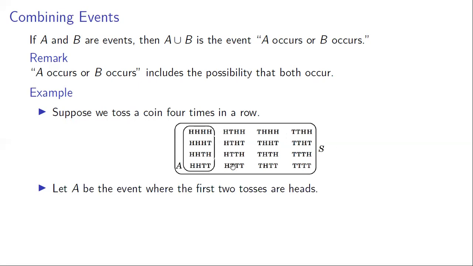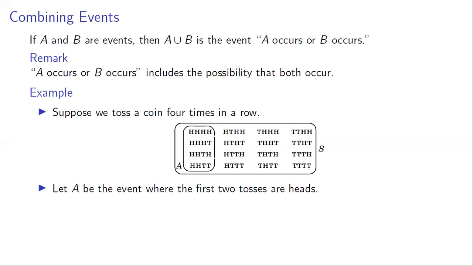Notice that, for example, here the first toss is a head, but not the first 2 tosses. So event A includes all the outcomes where the first 2 tosses are heads, and no other outcomes. That's one event A.